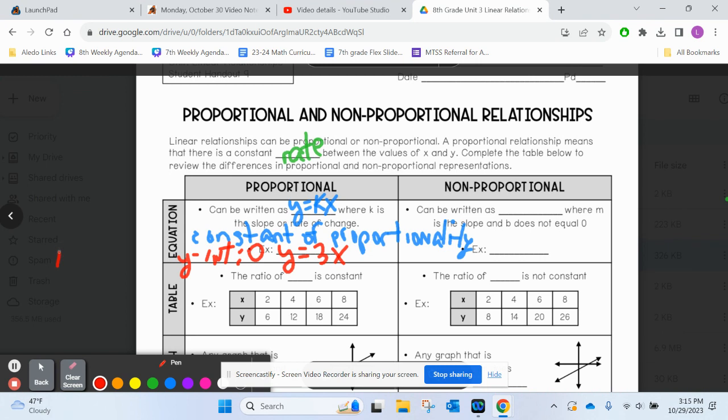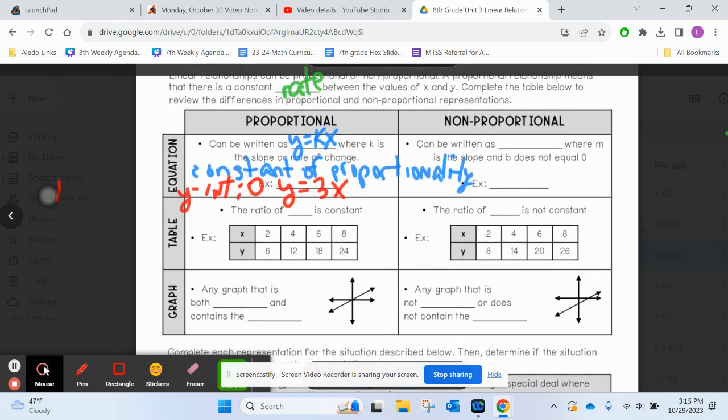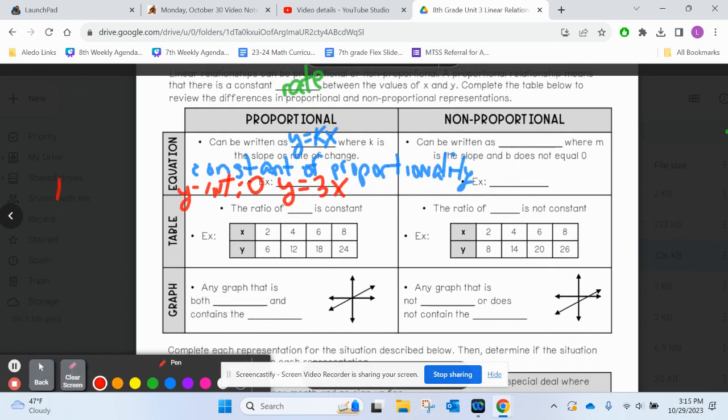Okay, if we are looking at a table, we can look for that y-intercept being 0, but the ratio of y over x is constant. It's the same every time. And that's our constant of proportionality. So looky here. If we say y over x, that's 6 over 2. 6 over 2 is 3.